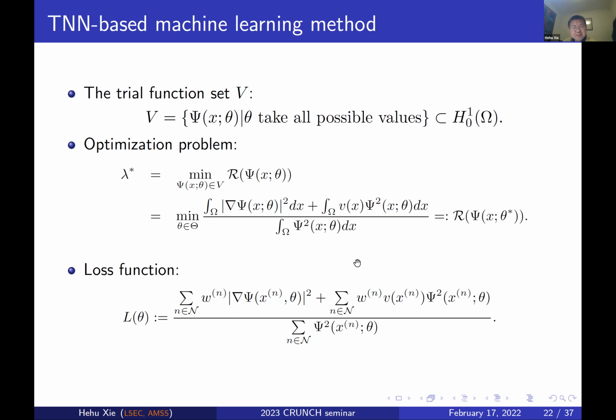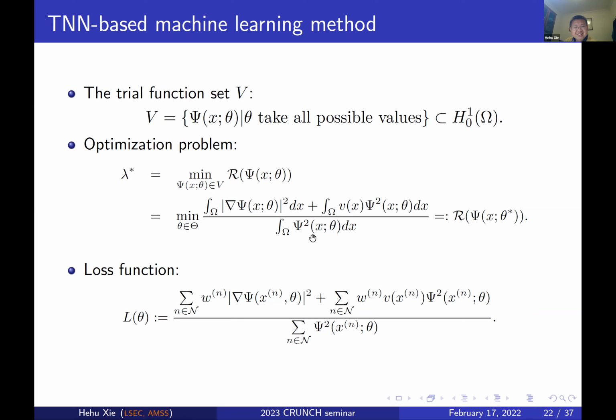But I'm not sure it is better, because you need to solve two optimization problems. Sometimes the unknown eigenvalues are also not so easy to compute, because they come from the eigenfunction.